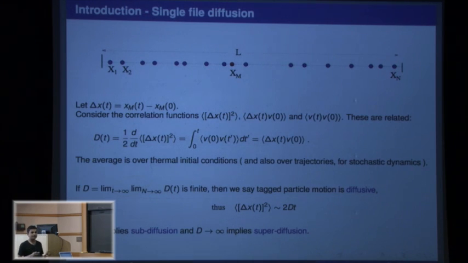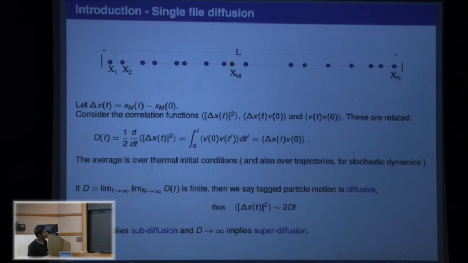After that the dynamics is purely Hamiltonian. In principle, one could also consider stochastic dynamics, in which case the average would be over both initial conditions and the dynamics. But in our case, mostly we will be considering the case where the average is over the initial thermal distribution. All the positions and momenta are chosen from the Boltzmann canonical distribution, and then I just run my Hamiltonian dynamics and calculate these correlations.